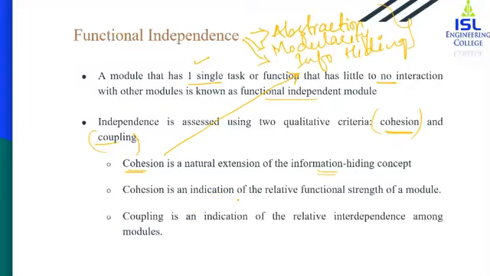Now what is cohesion? Cohesion is an indication of relative functional strength of a module. A cohesive software module means a single task is performed with little to no interaction. Whereas coupling is an indication of relative interdependence among the modules.